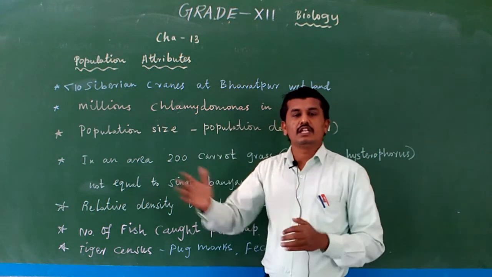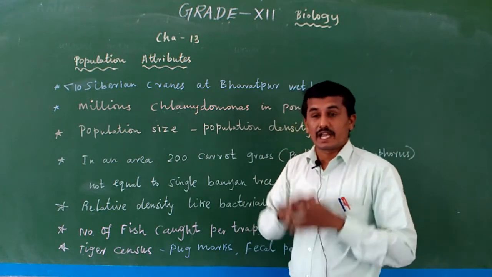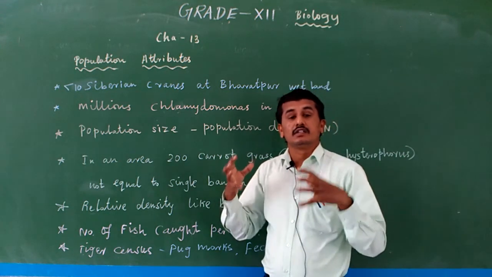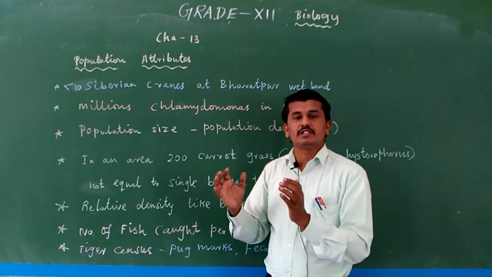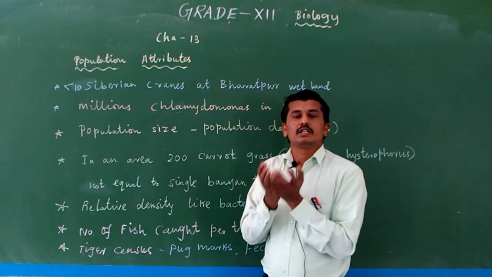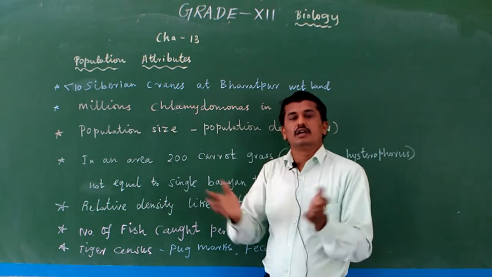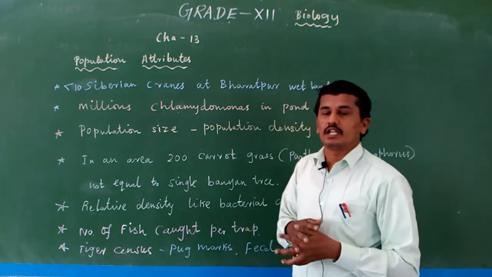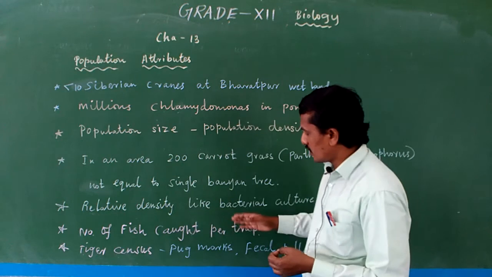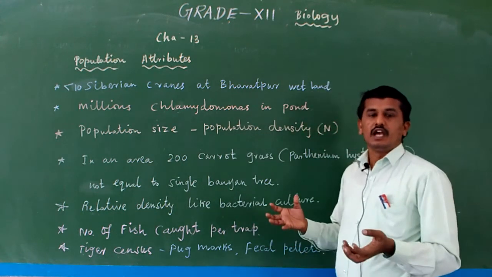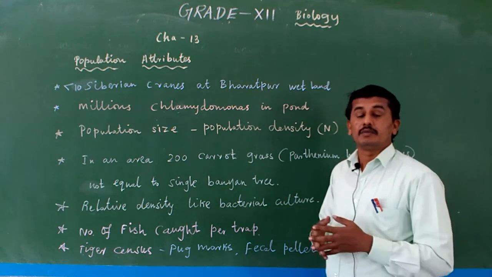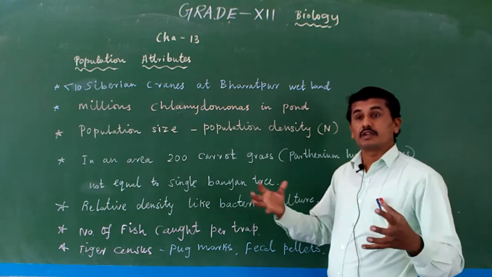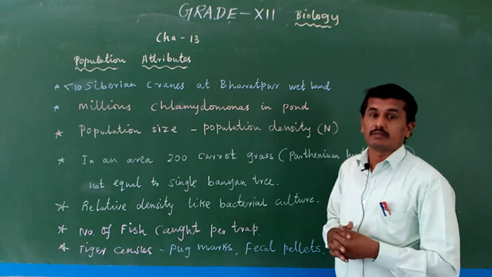So this is a relative density. We are not counting the fish population of the whole area, but relatively per trap, and this is enough to count the particular population. The number of fish caught per trap is easy, and from it we can calculate the total population, growth and density.